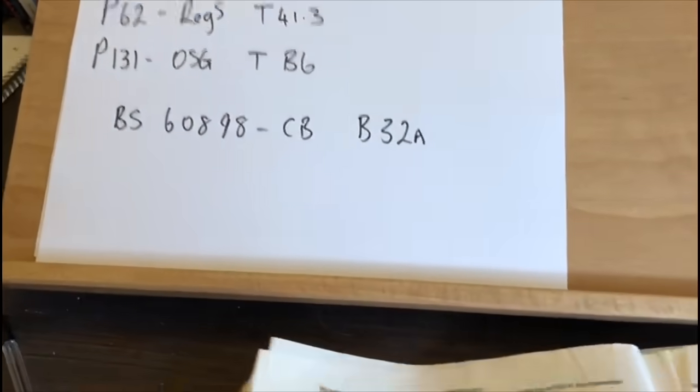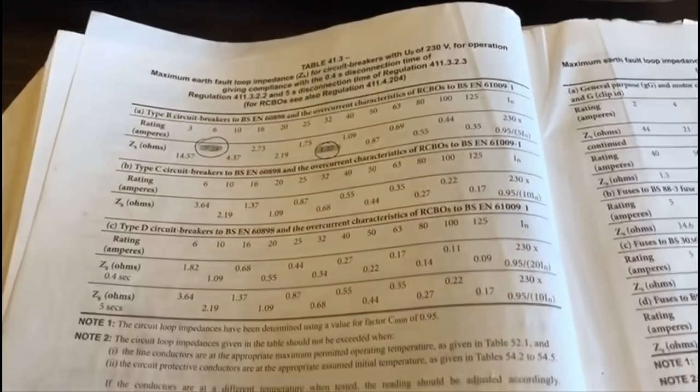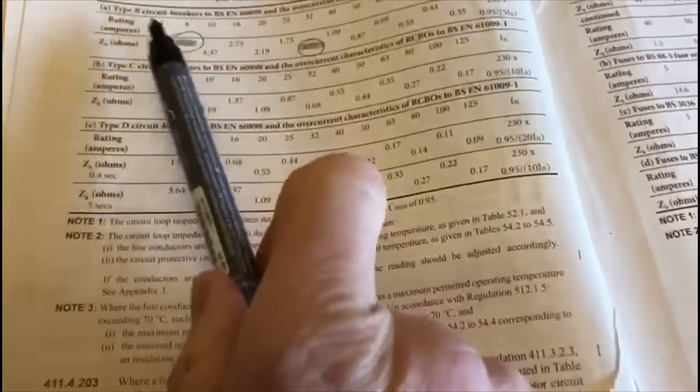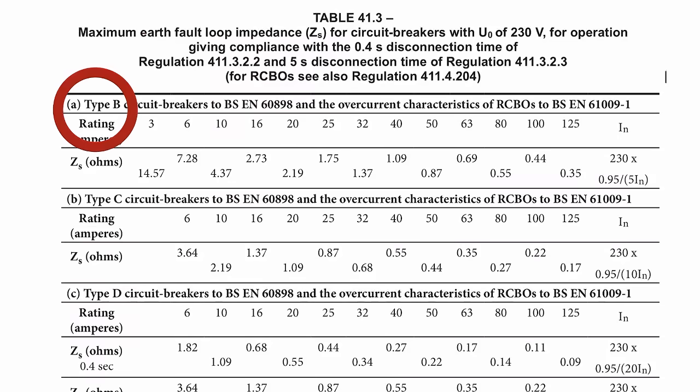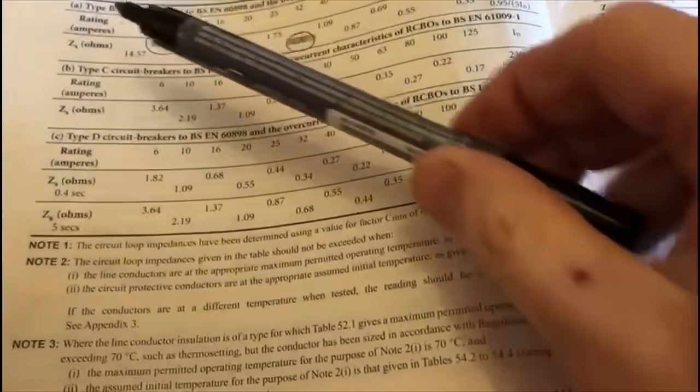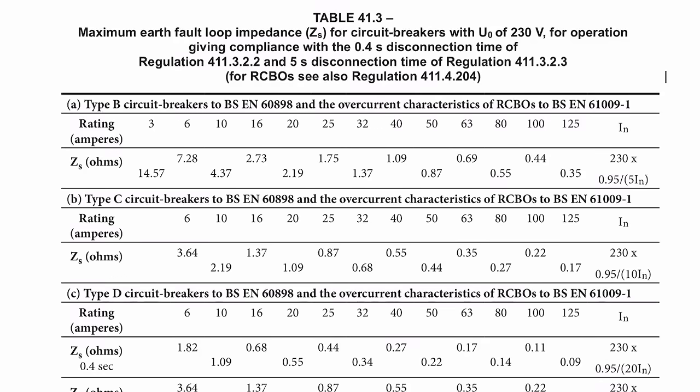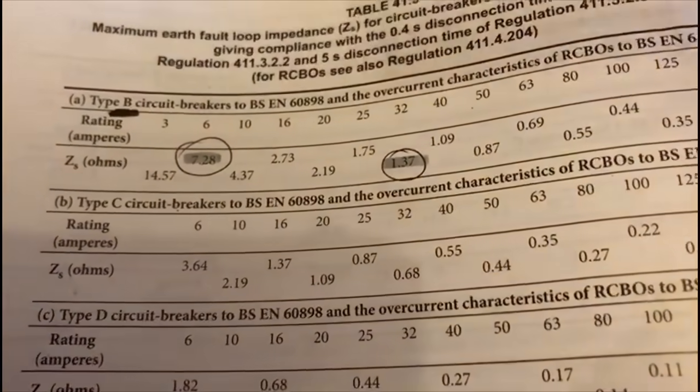So as we look in the regs, table 41.3, you'll notice that this table is type B circuit breakers to BS 60898 or 61009, the RCBOs. So if we look under the first, this point here where it says type B, I've just marked it with the book, and so these are for all B type circuit breakers.